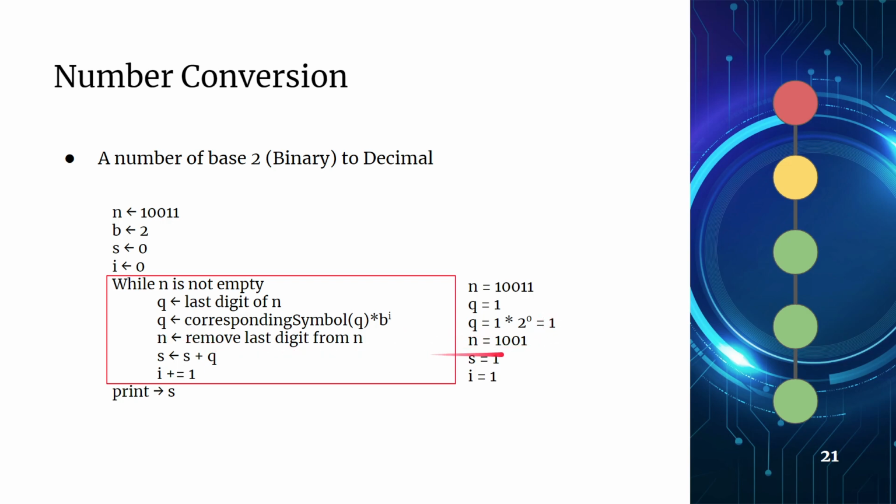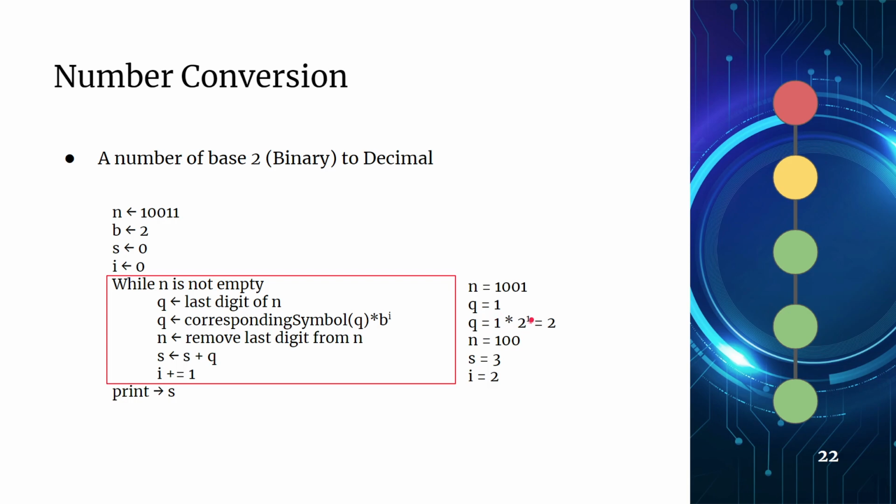Next we remove the last digit from n, so it becomes 1001, and in s we add s with q. q is currently 1, so s and q added is 1, i will be increased by 1, so i becomes 1. n is currently not empty, so the loop will continue. Here comes the next loop, 1001. Once again the last digit of n is 1, so q will be 1.